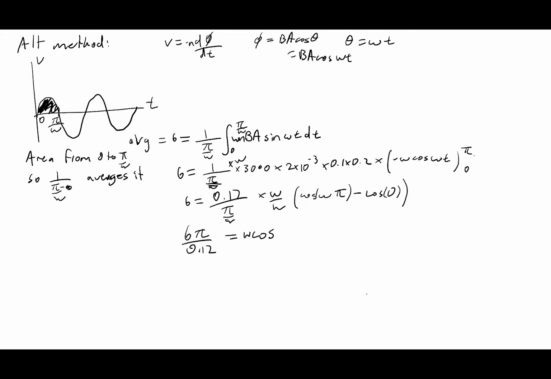Sorry about that. So we're integrating from 0 to pi over omega. So when we substitute into t, it's pi over omega, so it's just cos pi minus cos 0.